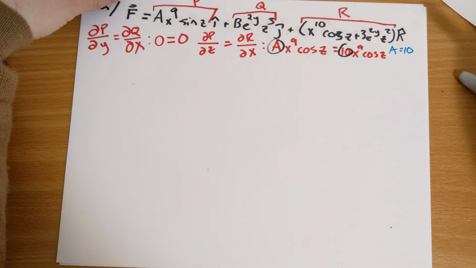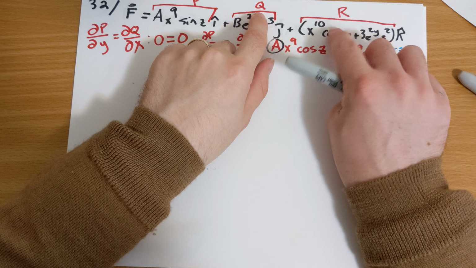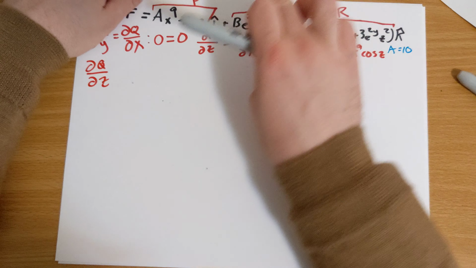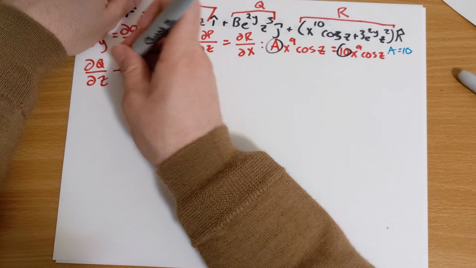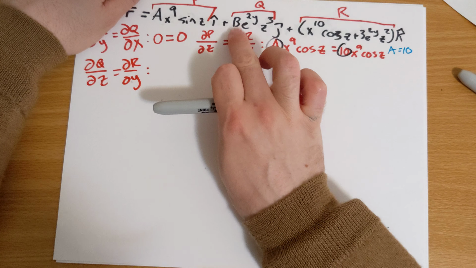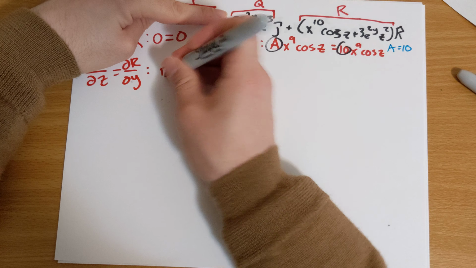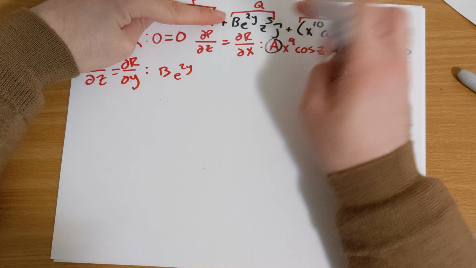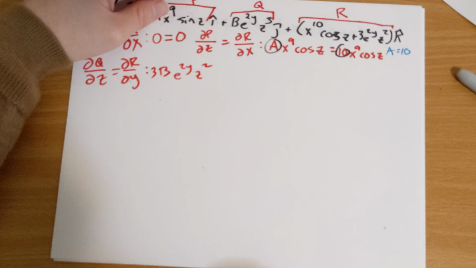Okay, one more thing we have to check is this pair, which correspond to y and z. So we need to check partial Q, partial z. The partial derivative of this with respect to z needs to equal the partial derivative of R with respect to y. Okay, so what happens here? The partial derivative of this with respect to z will be B times e to the 2y, and the derivative of z cubed will be 3z squared, so I'll write it like that.